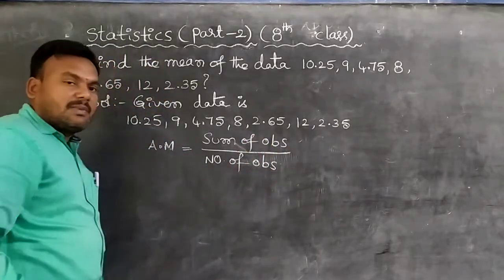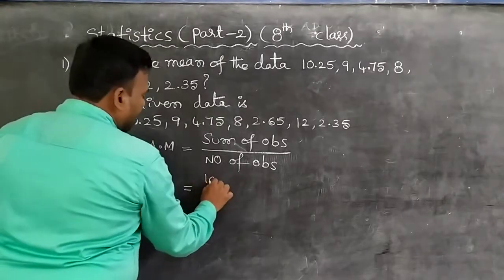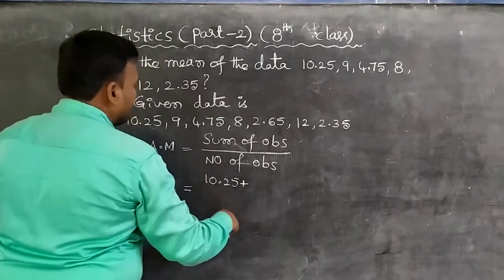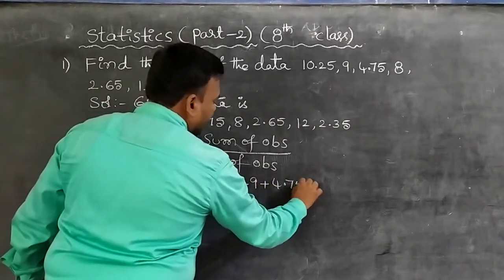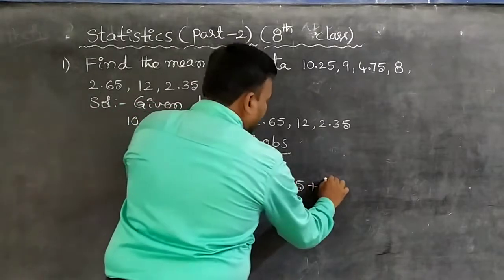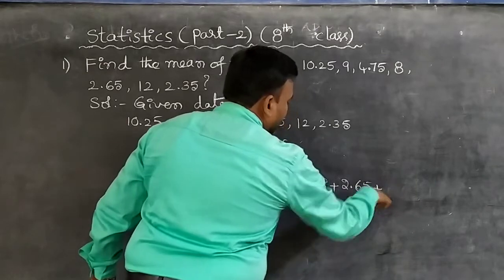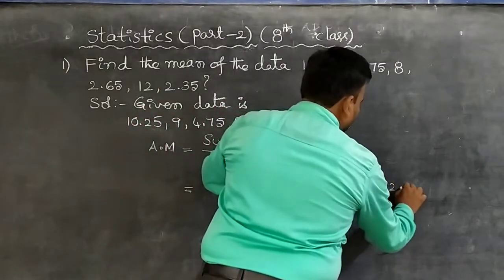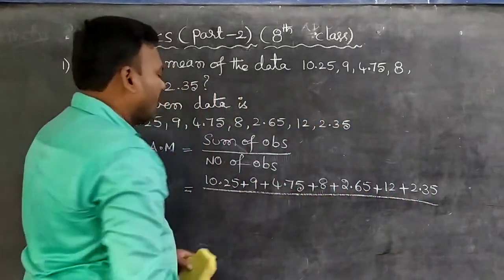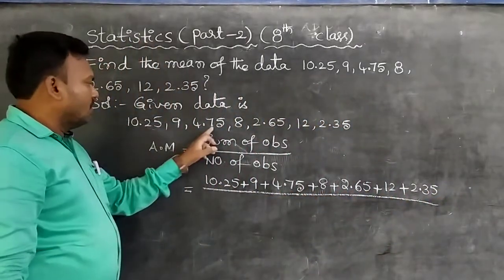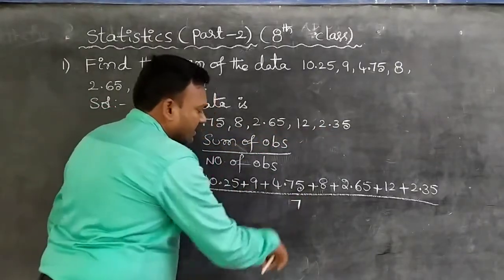So 10.25 plus 9 plus 4.75 plus 8 plus 2.65 plus 12 plus 2.35, divided by how many items are there? Observe: 1, 2, 3, 4, 5, 6, 7. Number of observations equals 7.